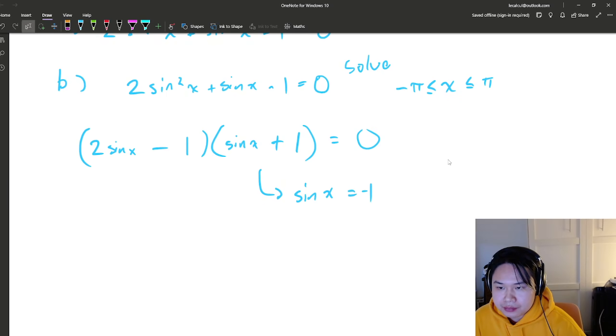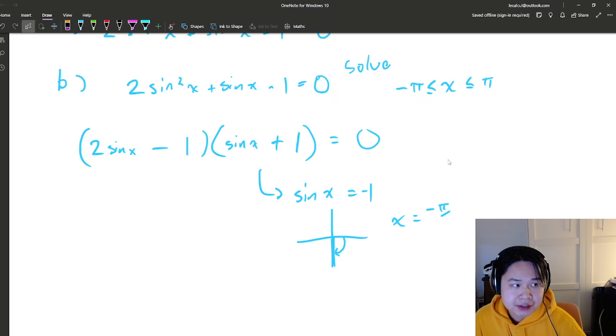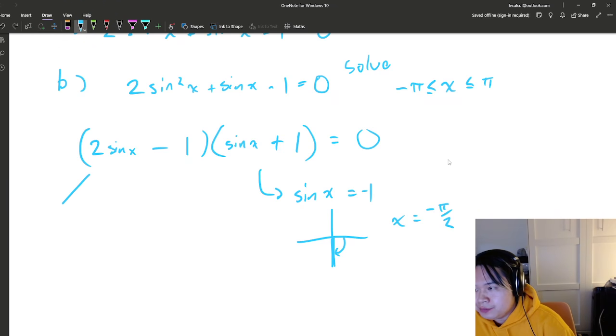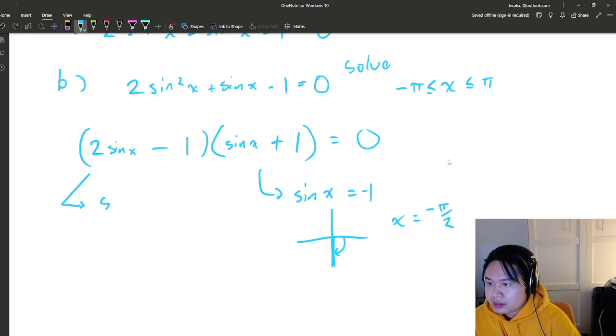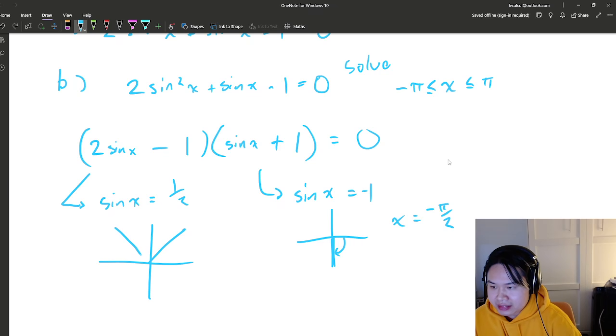Sine is -1 at this angle here, so we can say -pi over 2. And then from this one right here, if we solve for sine x, this is positive 1 over 2. So that is here and here.